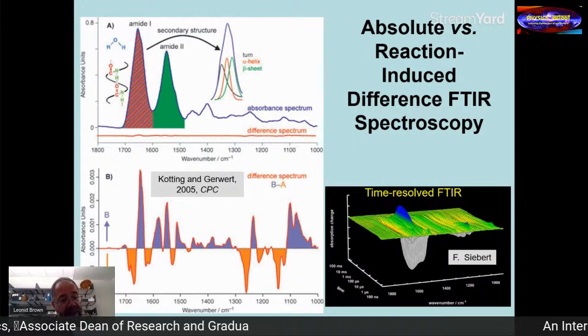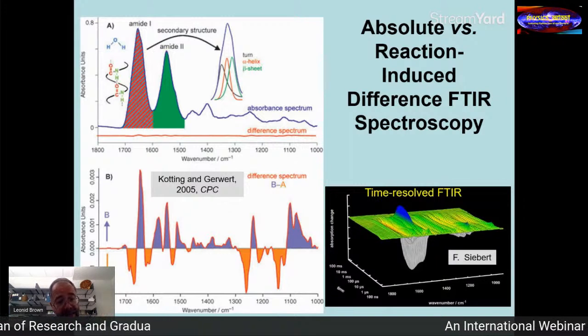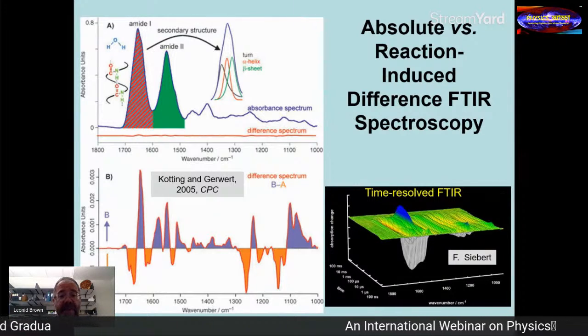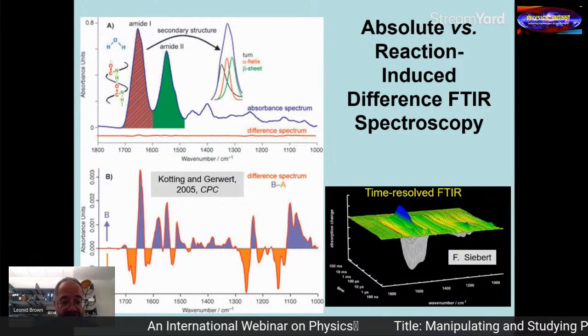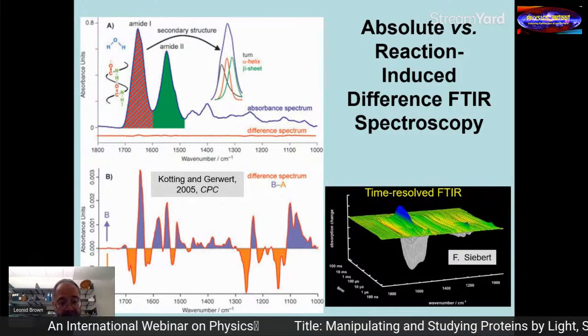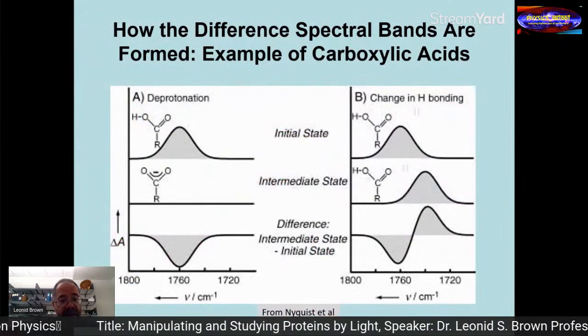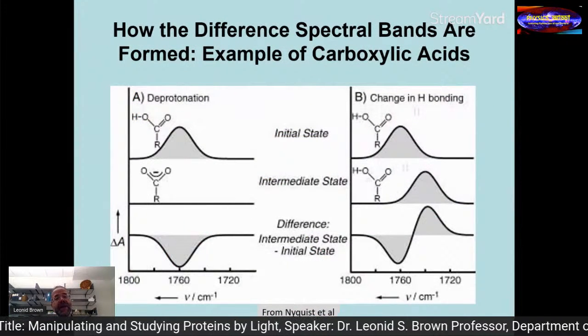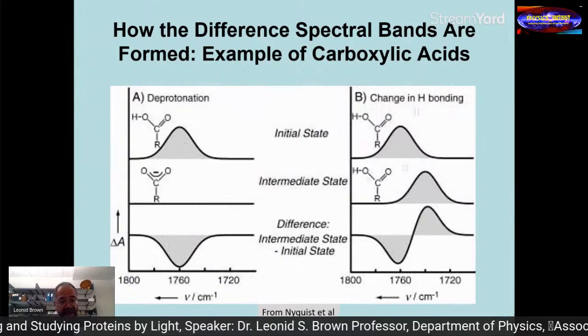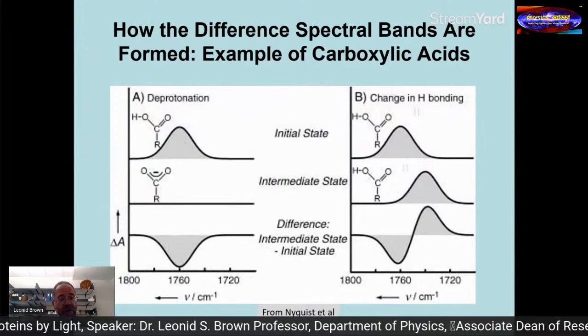So this different spectroscopy can be done statically, or it can be done in a time-resolved mode. And then you have a 3D picture, you have spectra, and you have kinetics. And I will give you some examples on this. Here is how the different spectra can be useful to follow the protonation.